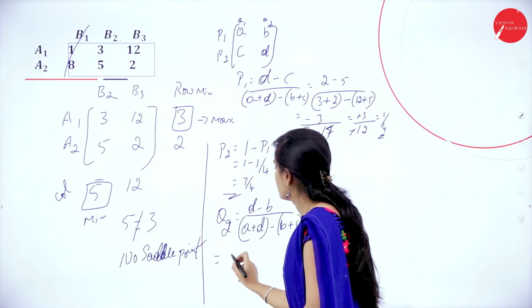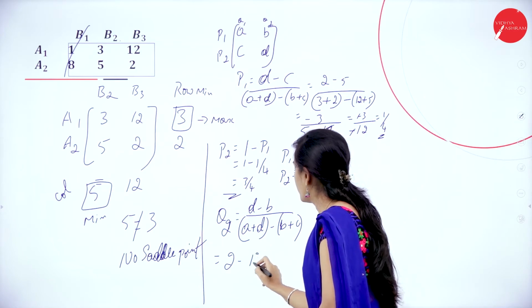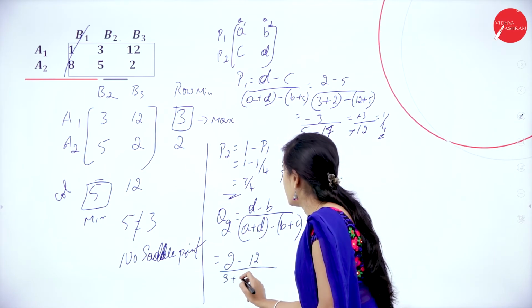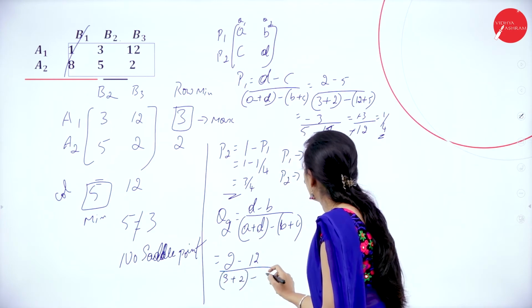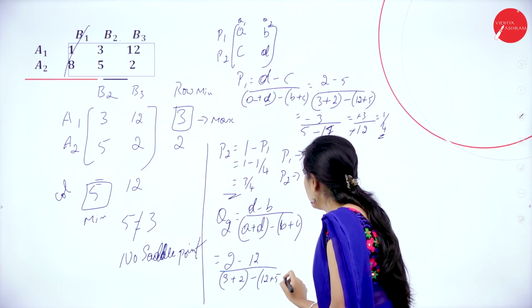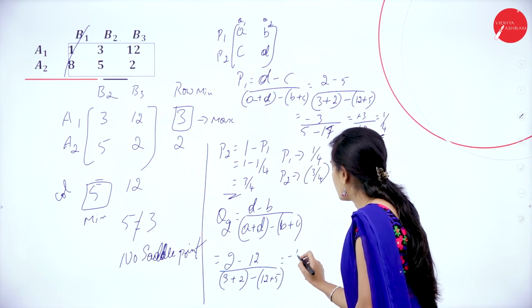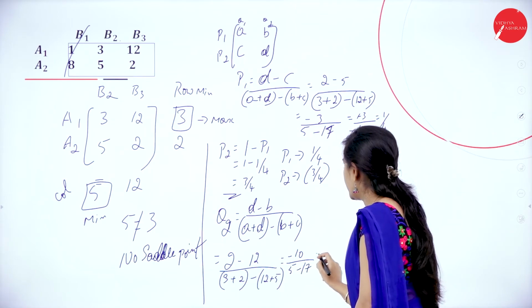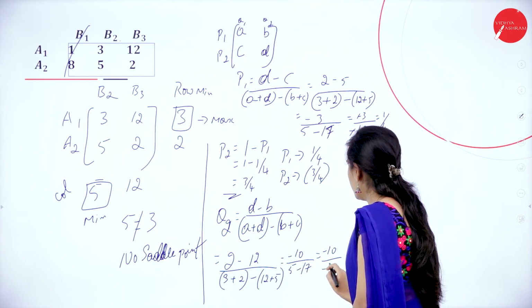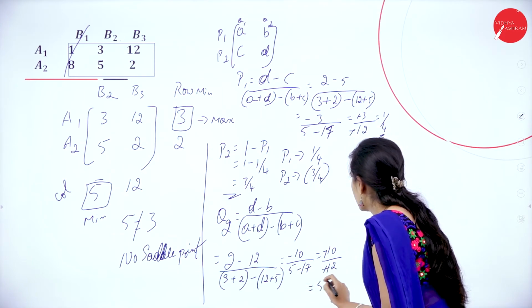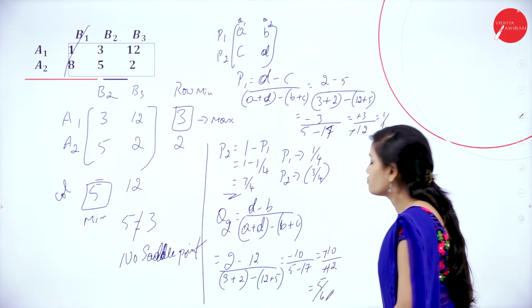D value is 2 minus B value is 12, divided by A plus D is 3 plus 2 minus B plus C is 12 plus 5. So, 2 minus 12 is minus 10, divided by 5 minus 17. Minus 10 by minus 12. Minus minus get cancelled, so it is 5 by 6.